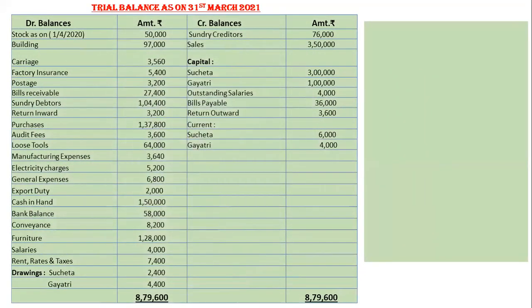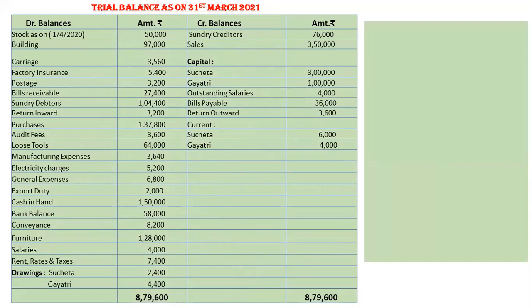Trial balance. Let us now look into the trial balance. We all are aware that trial balance can be prepared in two formats, that is journal and ledger form. The example before us is in the ledger form.